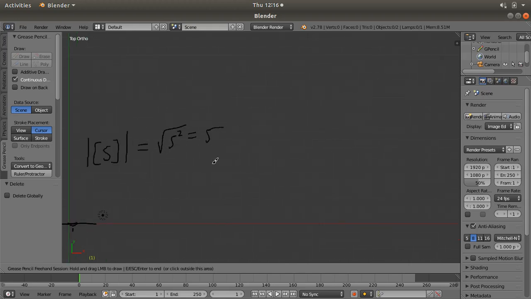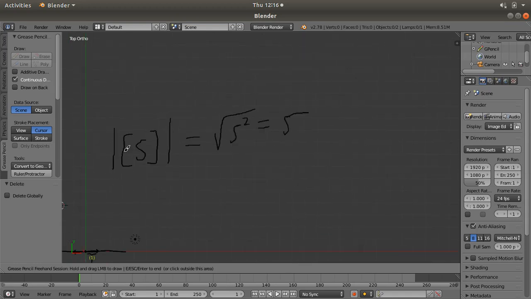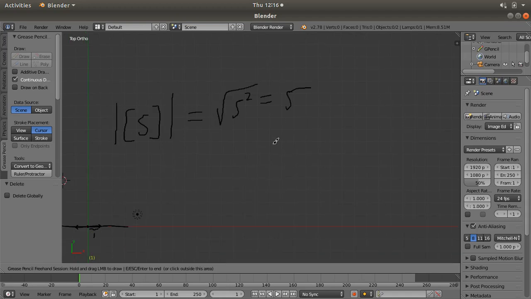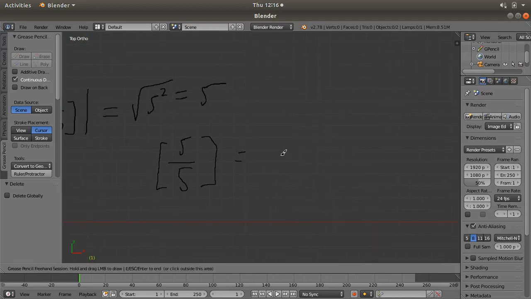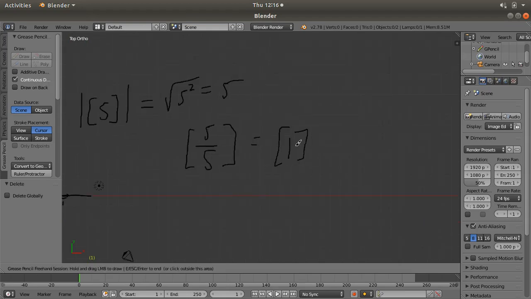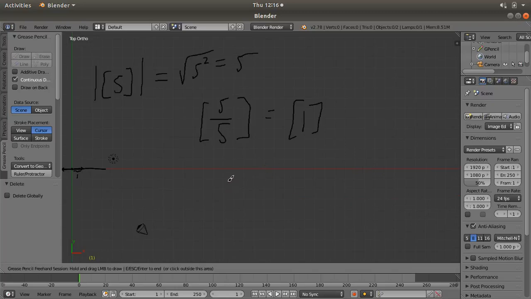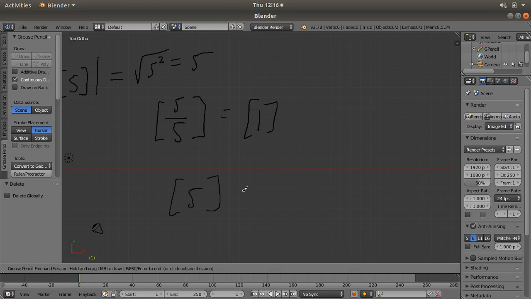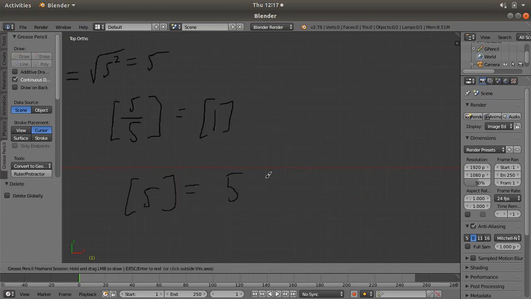And then to extract a direction vector from this, I'll divide each component by the total magnitude. So there's only one component, that's 5, divided by the total magnitude. It's equal to the direction vector 1. So the vector 5 is equal to 5 times the direction vector 1.